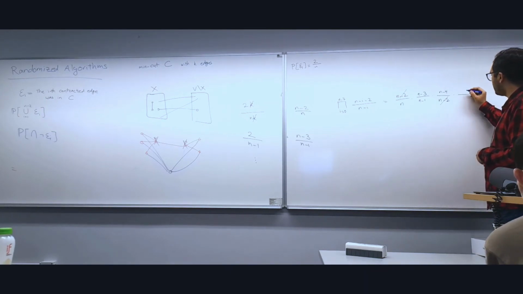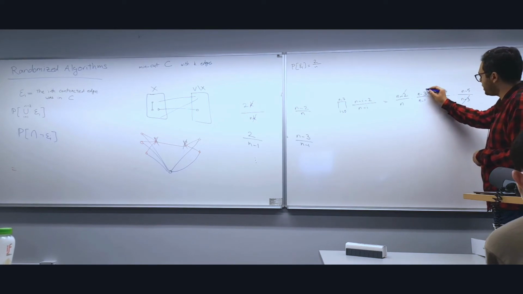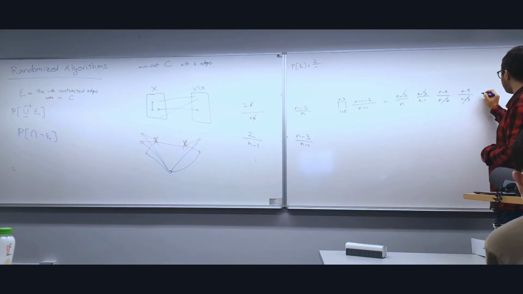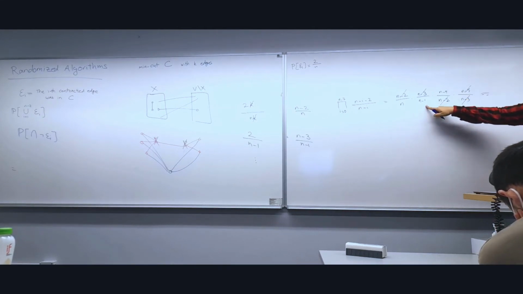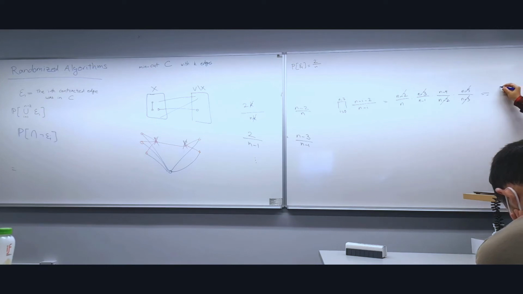Times n minus 5 divided by n minus 3. Then I can cancel these two, and so on. And everything gets canceled until at the end, I will have a 2 and a 1 on top, which don't get canceled. And I have an n and n minus 1 down here. So it would be 2 divided by n times n minus 1.